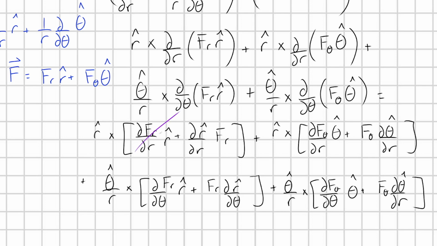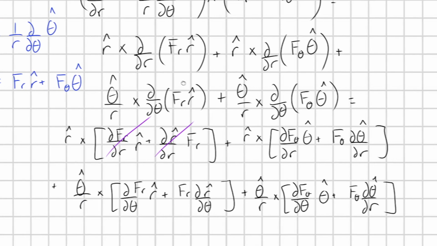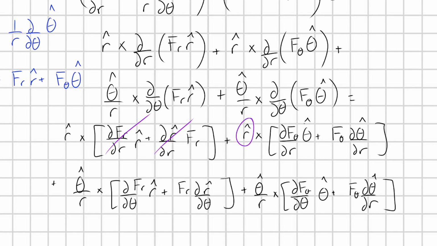Next, the derivative of r hat with respect to r: there are no r's in r hat, so this is going to give us 0. Next, r hat cross theta hat is going to give us 1, so we're going to want to keep this term. The derivative of theta hat with respect to r gives something that looks like an r hat, and r hat cross r hat is 0, so we can get rid of this.